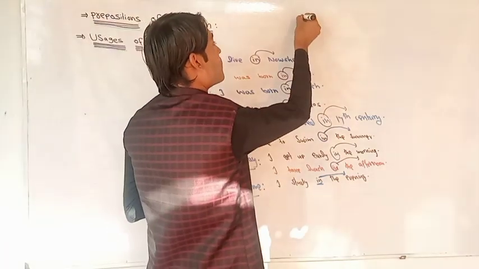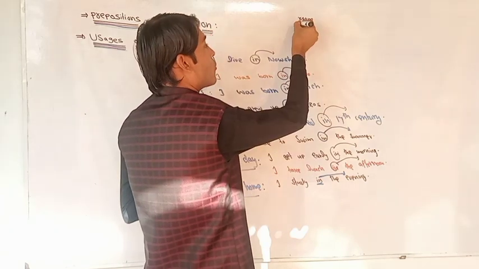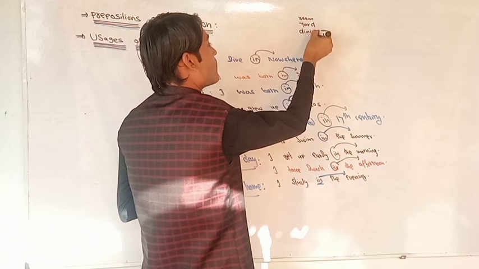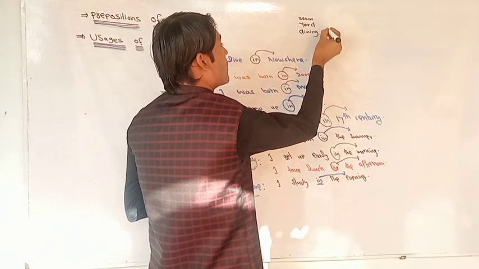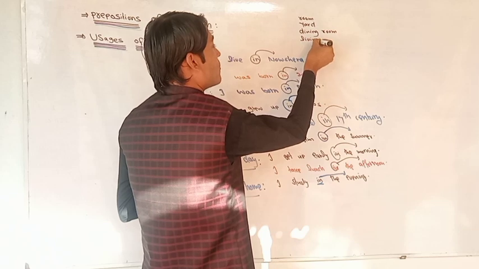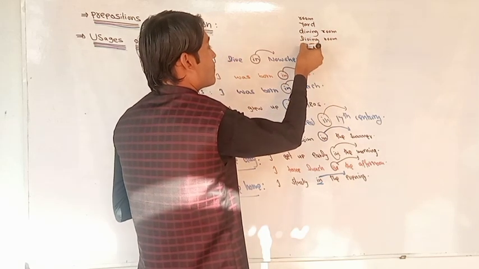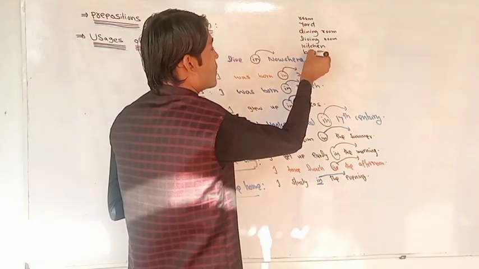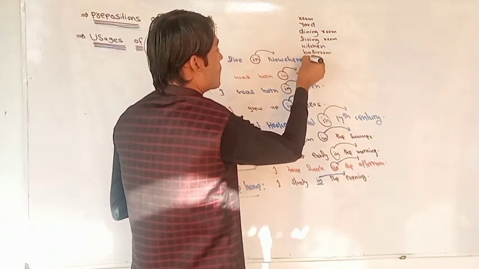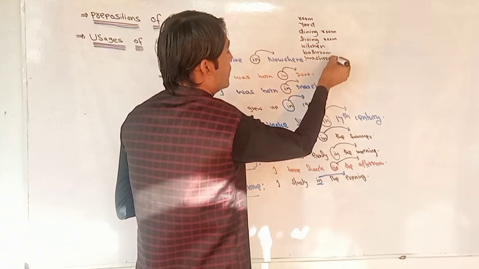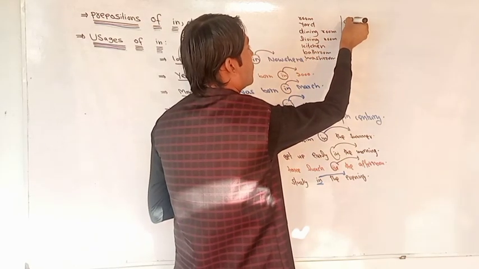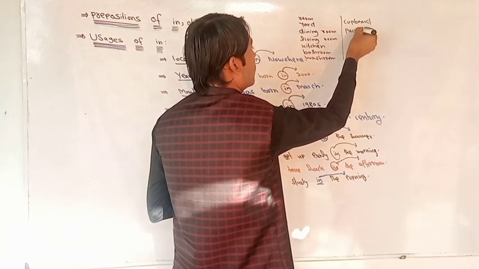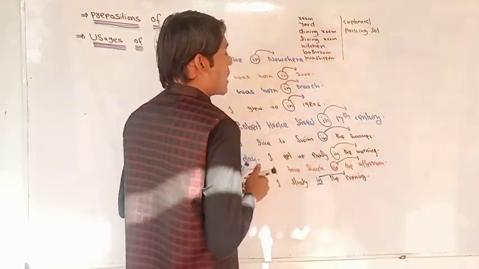For example, if you talk about a room, a yard, the dining room, the living room, the kitchen, the bathroom, the washroom, a cupboard, or a parking lot, you can use in before these.